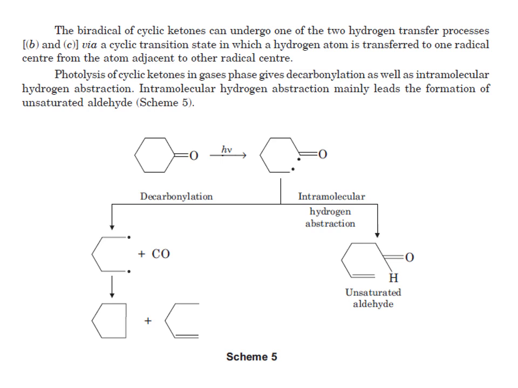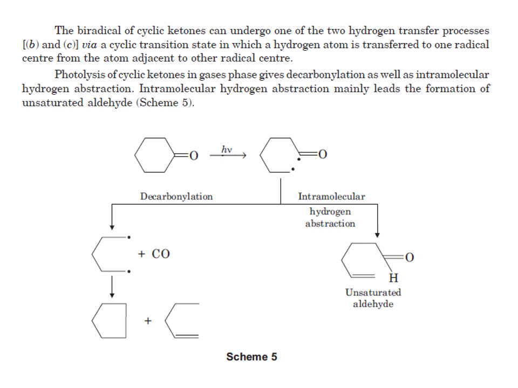Here we see this is the cyclohexanone. In presence of light, it can produce this acyl alkyl radical. If this acyl alkyl radical undergoes a decarbonylation reaction, this diradical plus carbon monoxide is produced, and this diradical can undergo a recombination process to produce cyclopentane, and further it will go for an intramolecular hydrogen abstraction to produce this alkene.